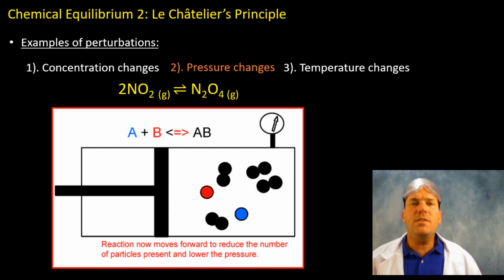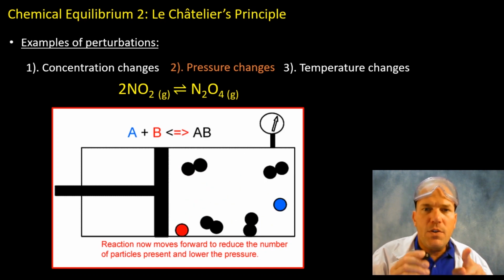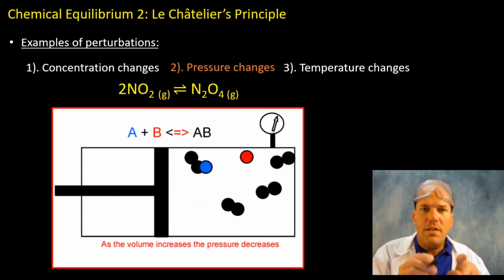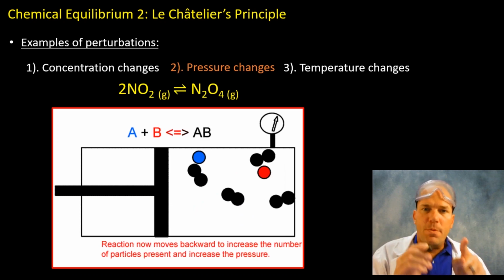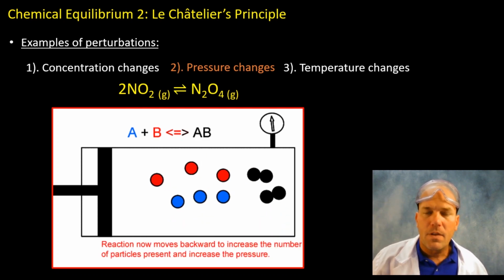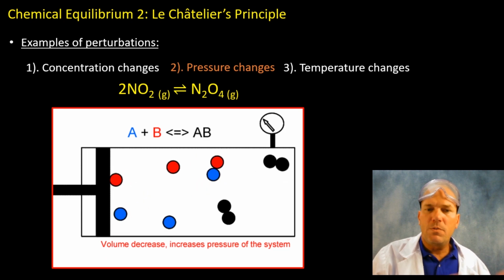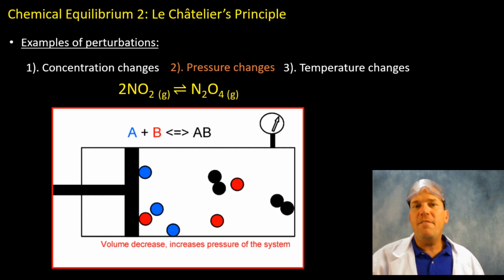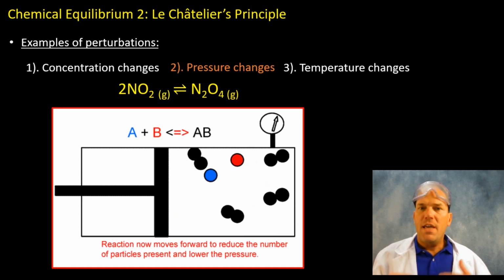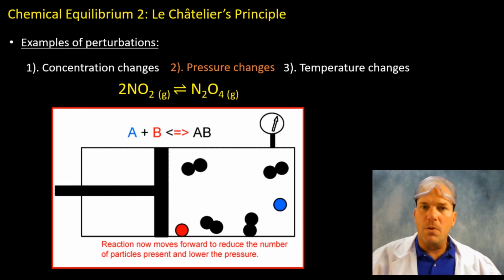Well, how will the system respond? It's going to favor the direction with the least moles of gas. If pressure goes up because volume goes down, the system will, in this case, favor the forward reaction. Why the forward? Because it's the one with the least amount of moles.